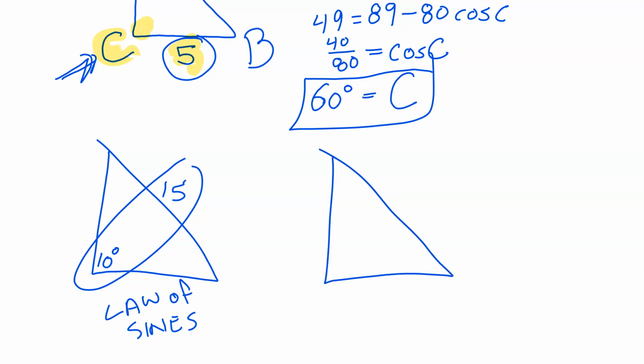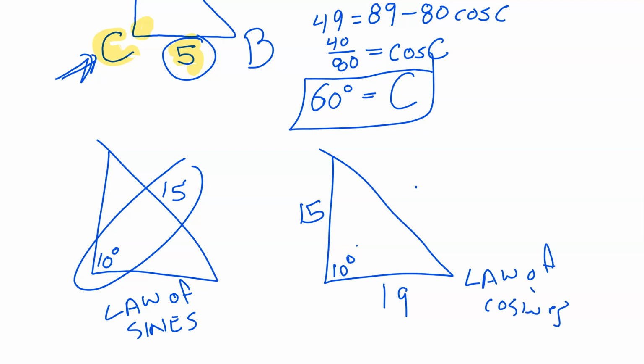However, let's say this angle's 10 degrees, and this side is 15 and this is 19. Notice here we do not have any angle on the side opposite it. This would indicate law of cosines.